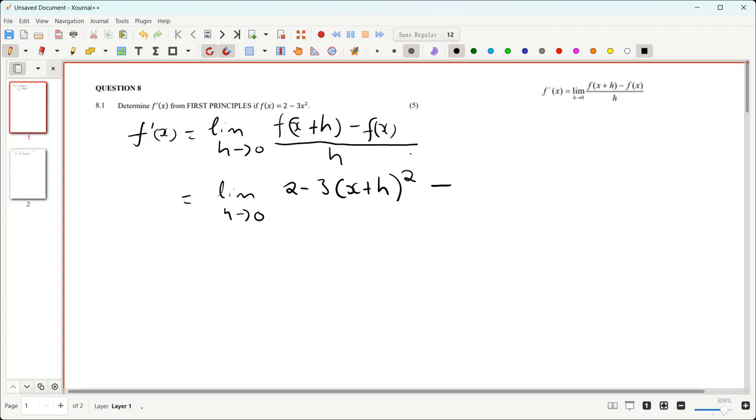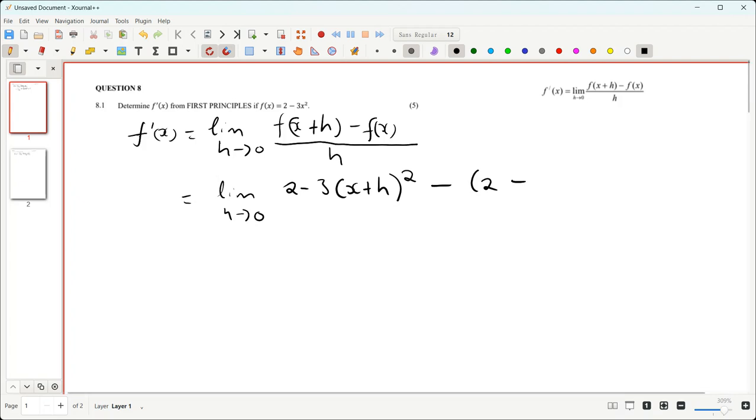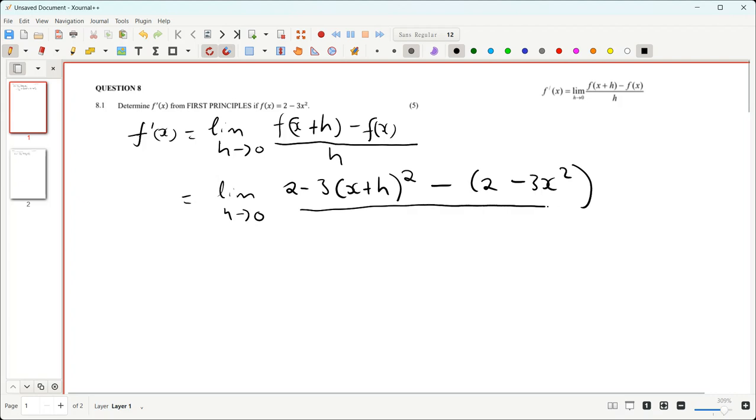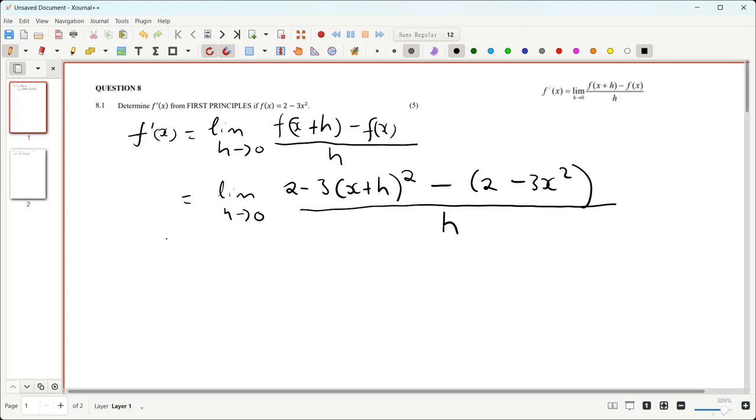Then minus, in the place of f of x, you have f of x, which equals 2 minus 3x squared. So you just write it as it is. You always need to remember to divide by h.